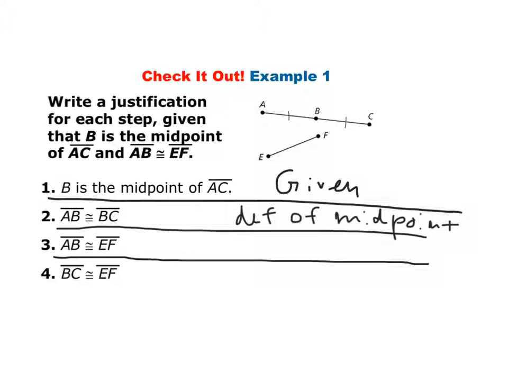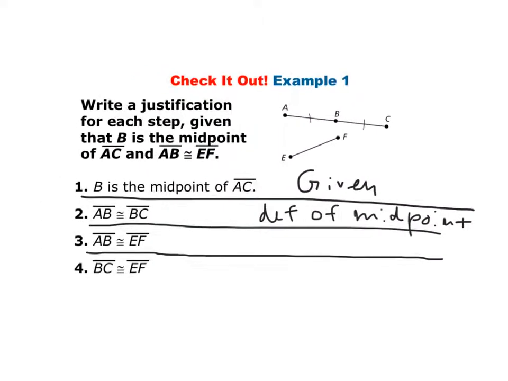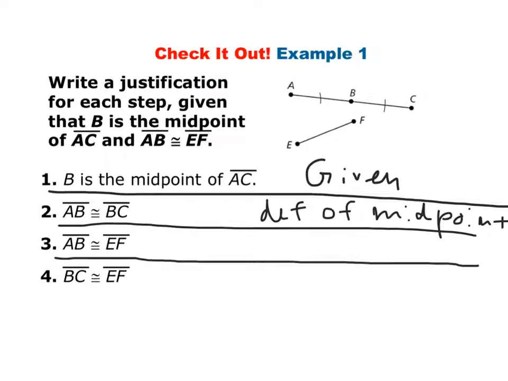Now we have segment AB is congruent to segment EF. Where did we see this before? That segment AB is congruent to segment EF. And then, is it given? It's given. It was given to us in the problem.